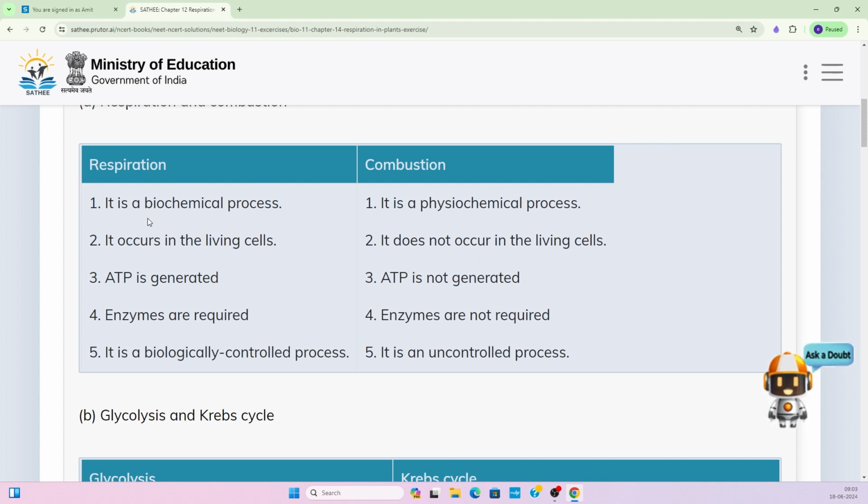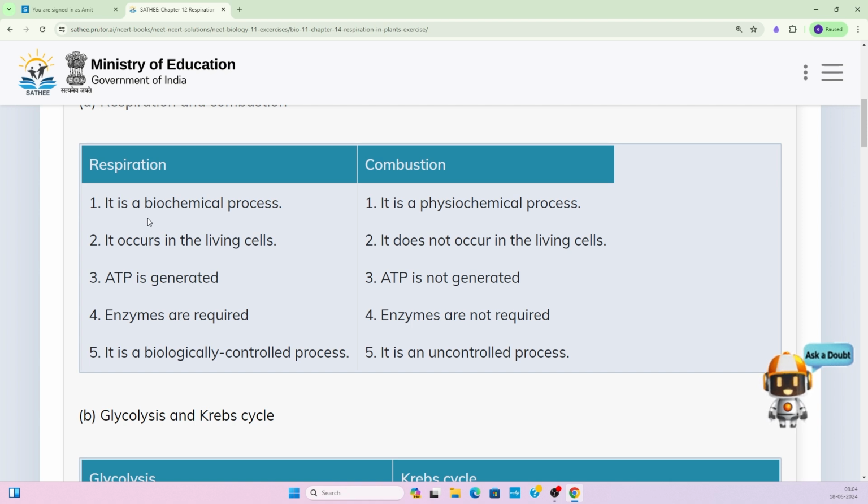No enzyme is responsible for it. Something is burned and it is a combustion, so it is a physiochemical process, not a biochemical process. No enzymes are involved in this reaction, whereas respiration is fully a biochemical process.